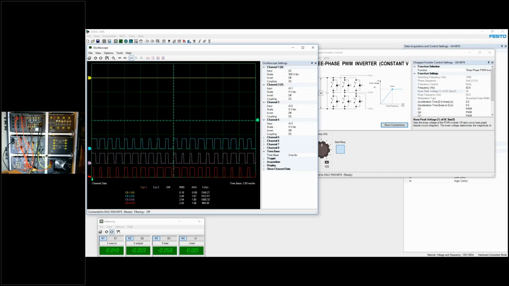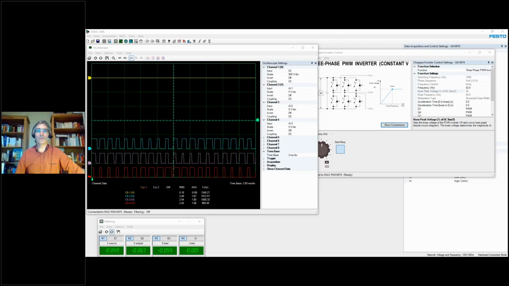So this is a really quick introduction. Again, the complete course goes through all of that in lots of detail, but this gives you an overview of what can be taught with this system concerning power electronics.